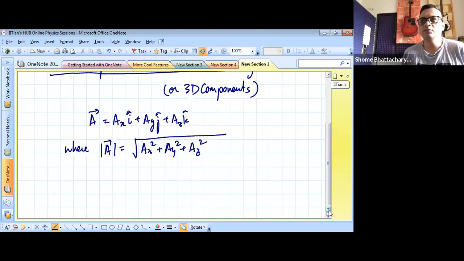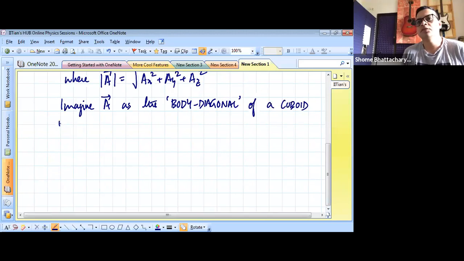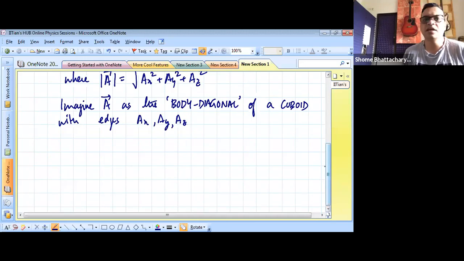And the best way to visualize this is to imagine the vector E as the body diagonal of a cuboid with edges Ex, Ey, and Ez. So let us understand this in a little more detail.